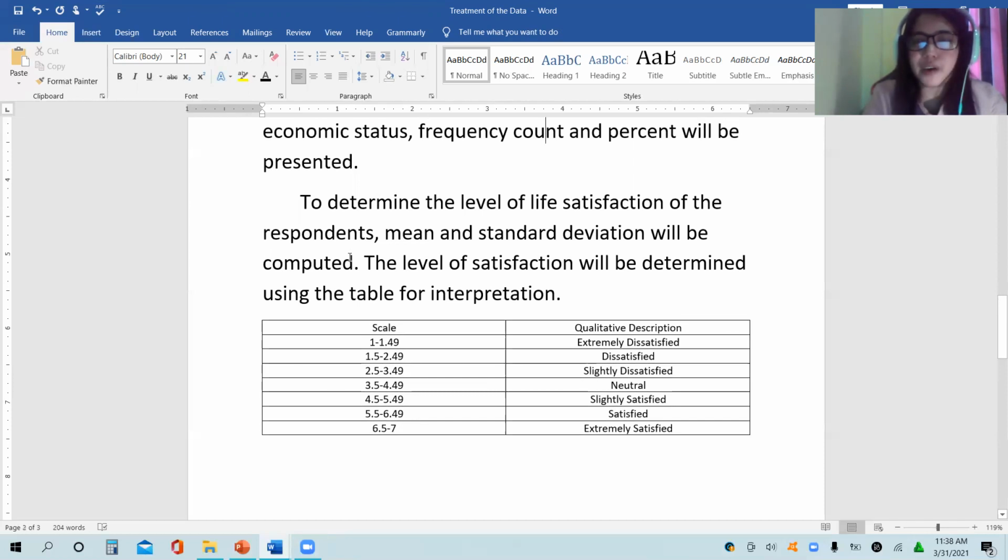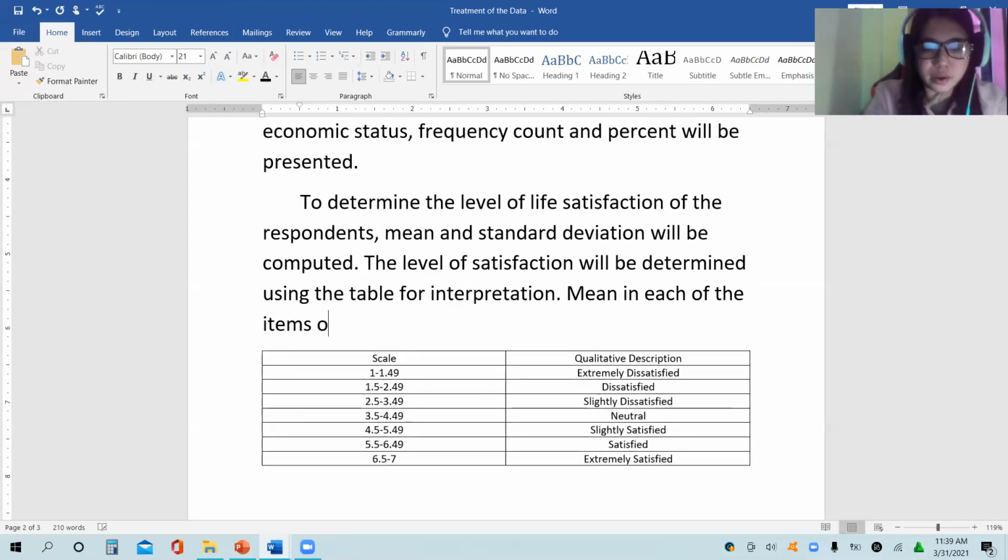The level of satisfaction will be determined using the table for interpretation. Individual or mean responses, mean in each of the items of the questionnaire will also be computed.